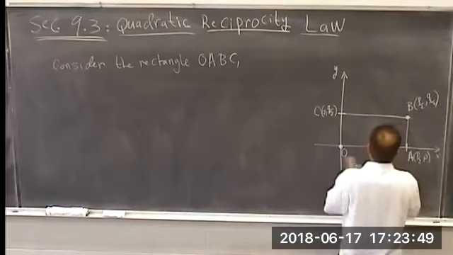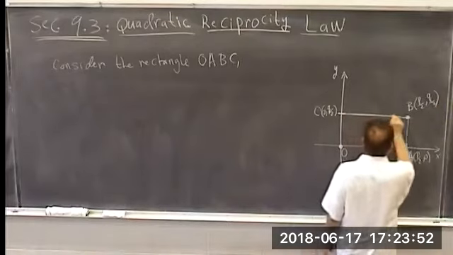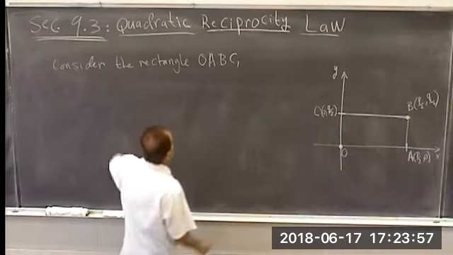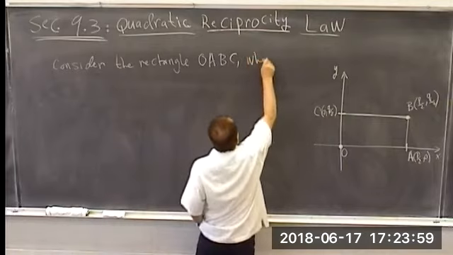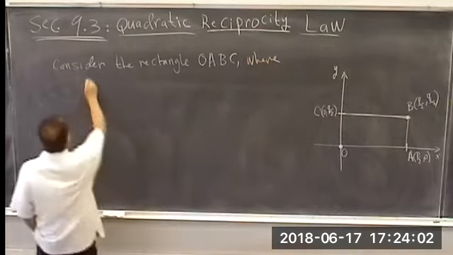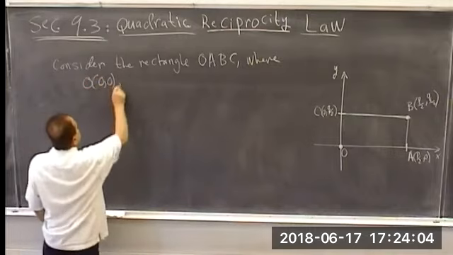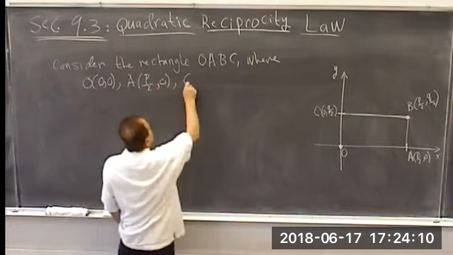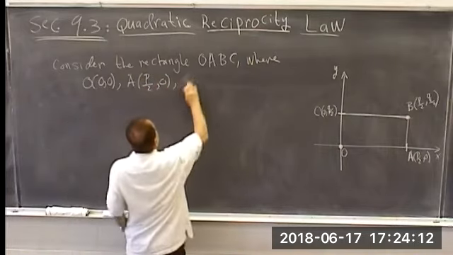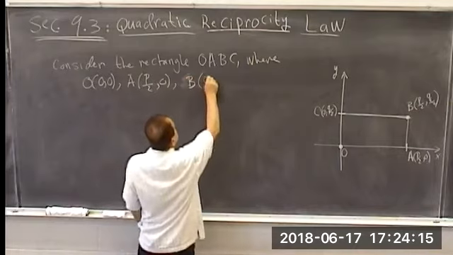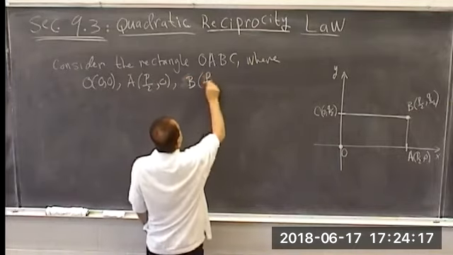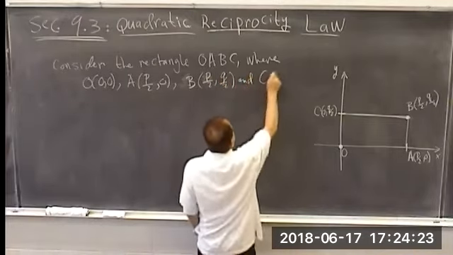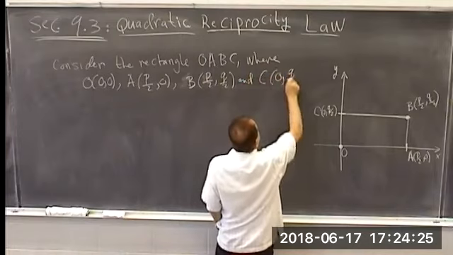And remember, p and q are distinct, so this is not going to be a square, it's going to be a rectangle. So O is 0, 0, A is p over 2, 0, B is p over 2, q over 2, and the point C is 0, q over 2.